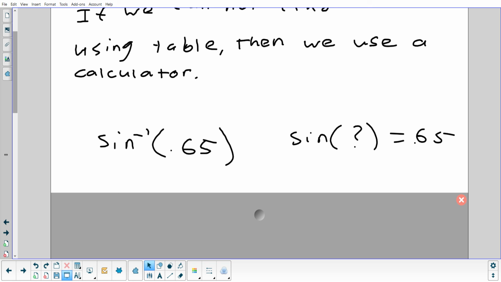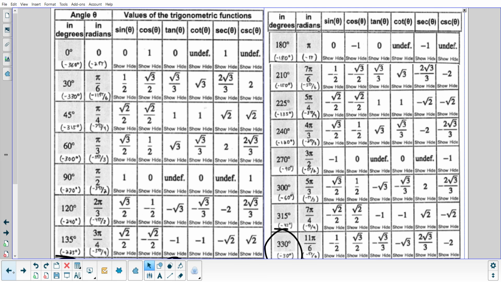Now, if we go back to the table, let's see if we see 0.65. Is 0.65 a number that comes up anywhere in that table? You can check some of these, like you can divide this out, 1 divided by 2, that's 0.5, that's not 0.65. The square root of 2, that's about 1.4. So you can check them all, but you're never going to find one that's 0.65. Okay?